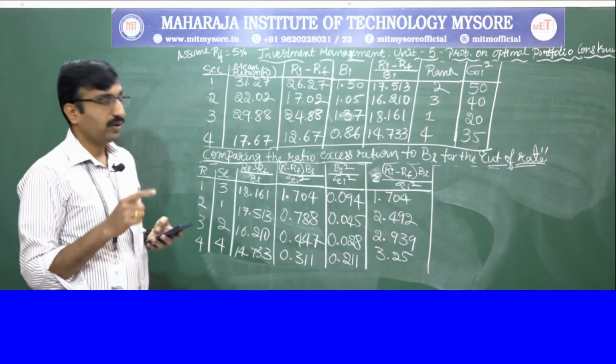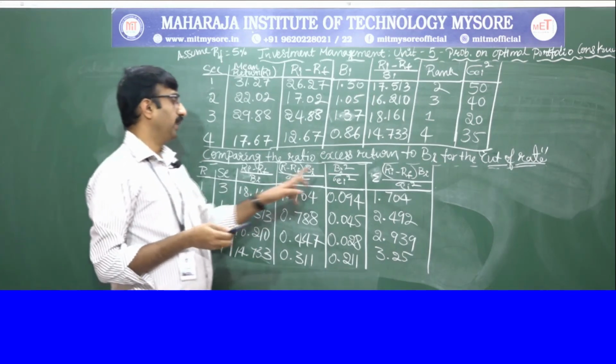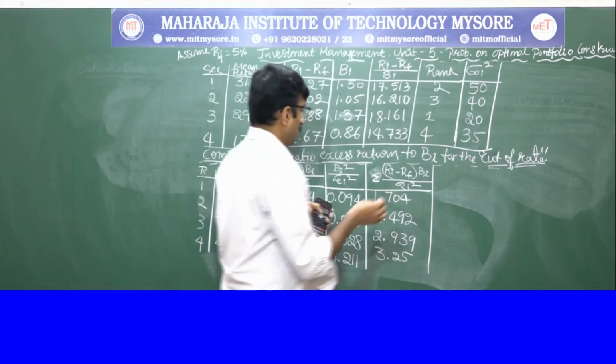Next, moving on to sigma b square divided by standard deviation Ei square, that is cumulative of this one.